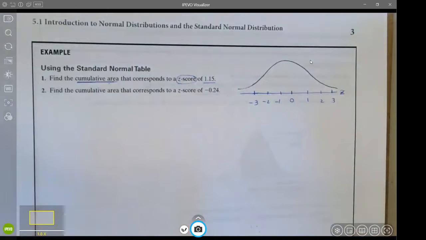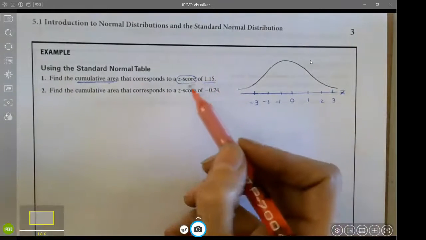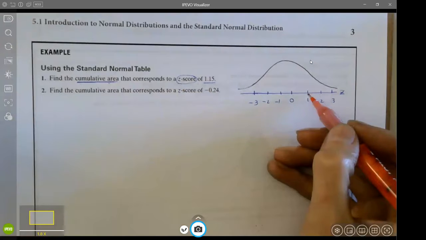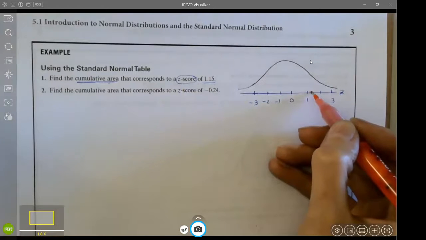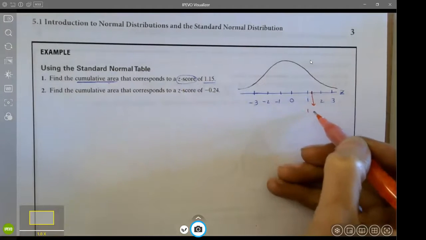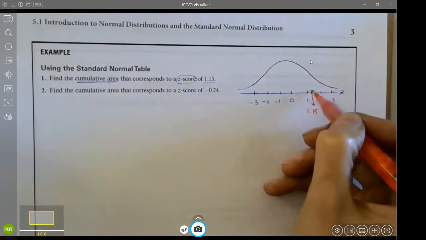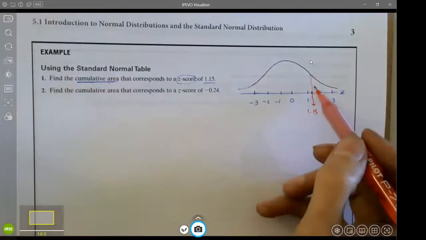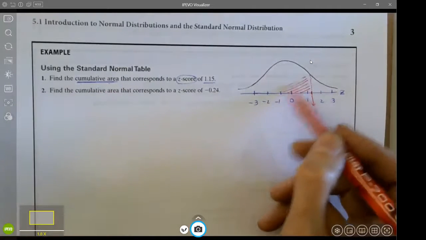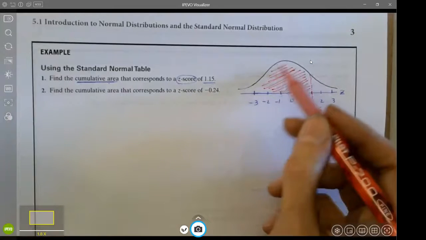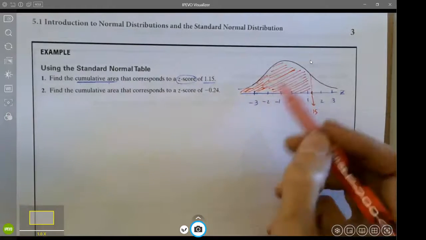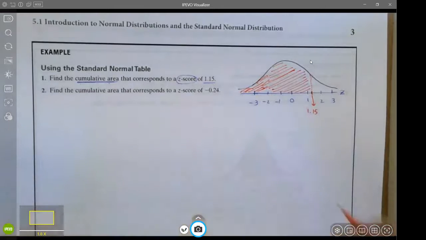The question says, first locate 1.15. Suppose this 1.15 is here. And since we are looking for the cumulative area, it means that we need to shade this big portion below the graph on the left side of 1.15.